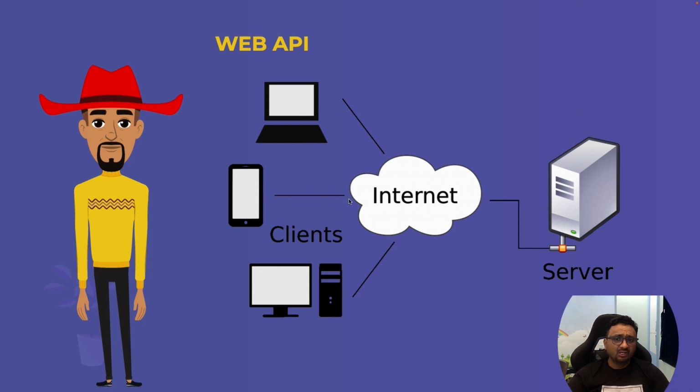The client is the one requesting something from the server, and the server is the responder who responds to your request over the internet. They communicate over HTTP. HTTP stands for Hypertext Transfer Protocol.